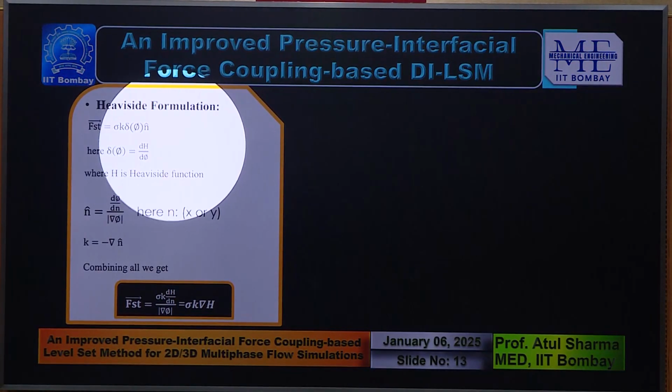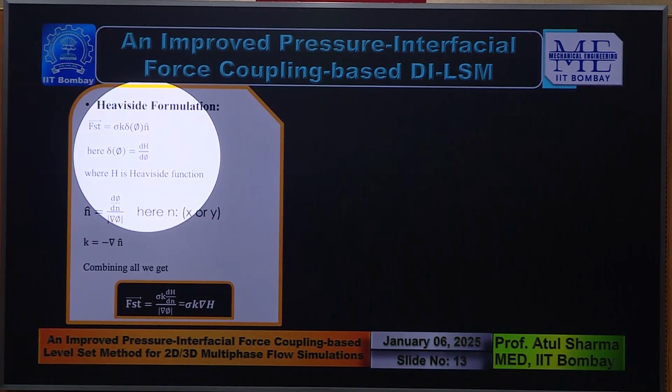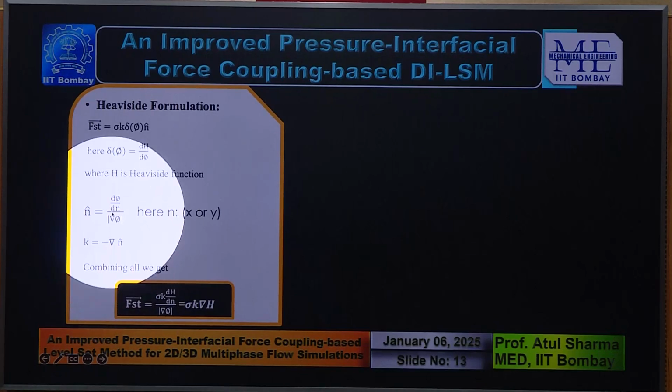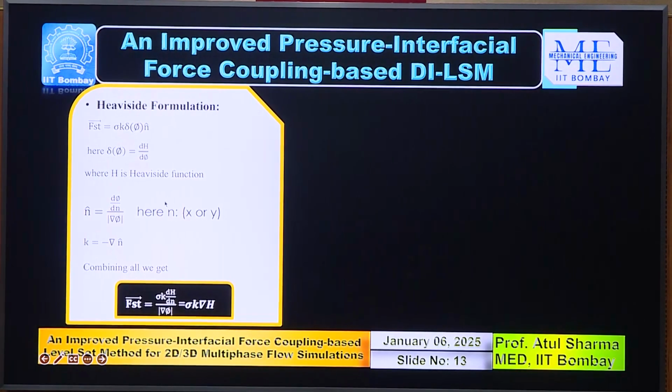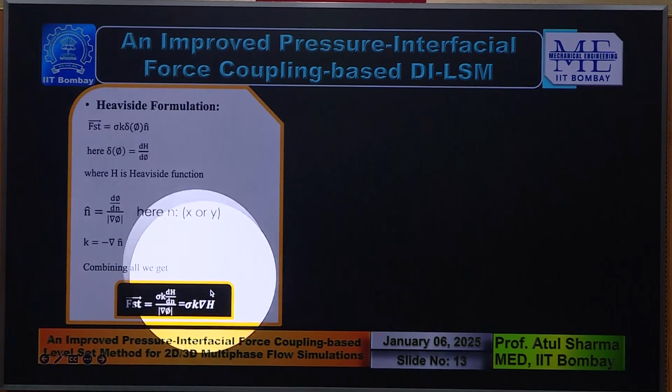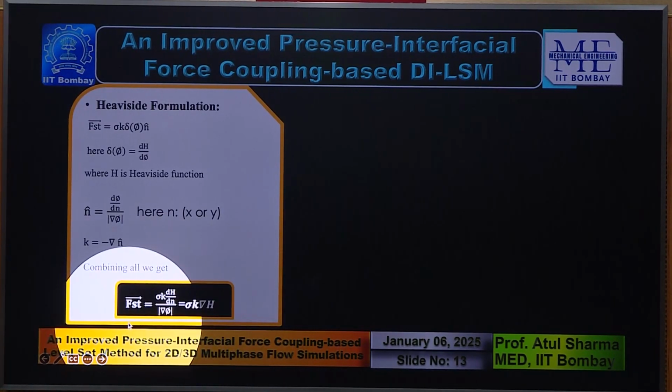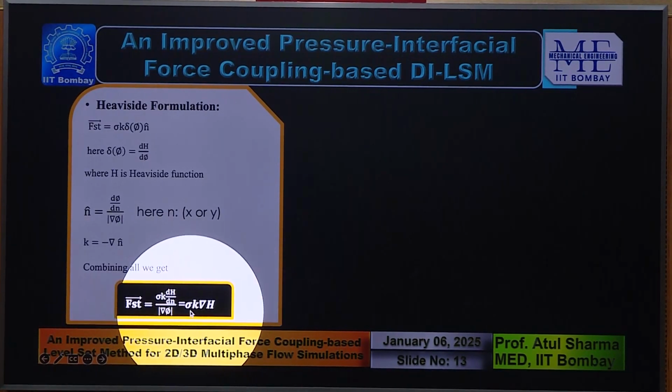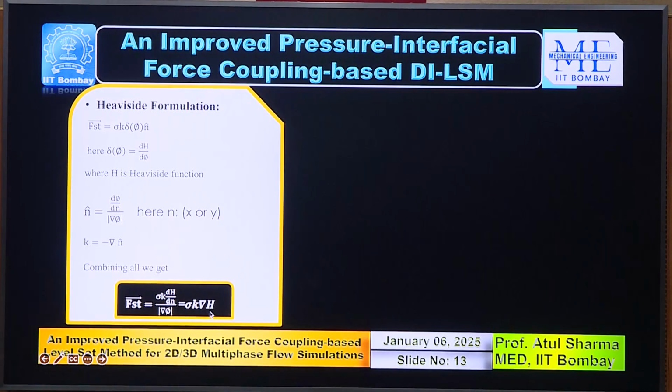So if you substitute delta as dH by d phi, and the normal unit vector in the level set method is given by grad phi divided by mod of grad phi. Finally, when you substitute the normal and the delta in terms of the level set function, you can express the volumetric surface force as sigma kappa grad of H.